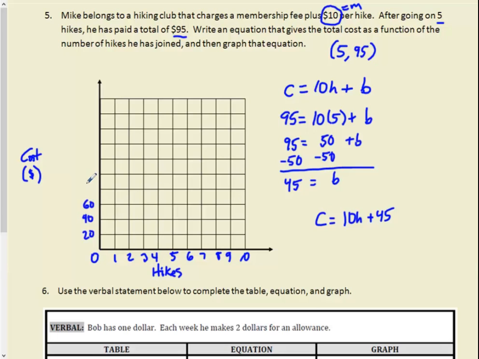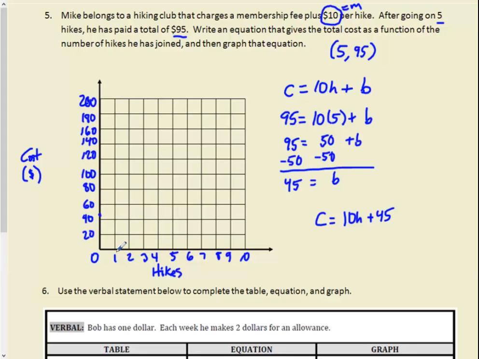Personally, I don't really like those little squiggles, so I'm going to go by 20s: 180 and 200. So for 0 hikes, as soon as you join, you have to pay $45. The bad news is that going by intervals of 20, we have to judge where 45 would be.